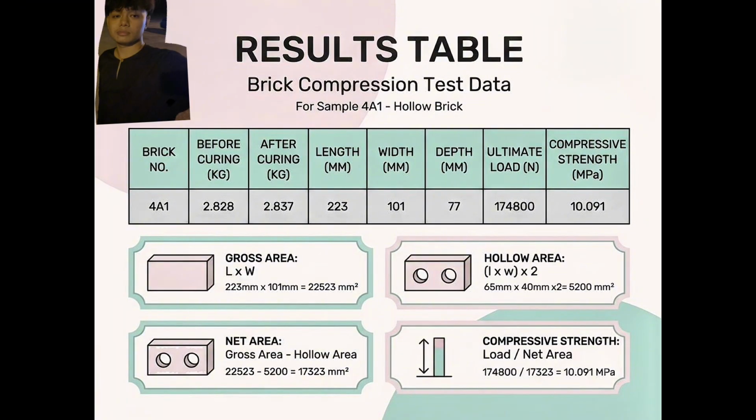Next is the gross area. To find the gross area, we need to multiply the length by the width, which is 223 mm times 101 mm, until we get 22,523 mm square. Next is the hollow area.